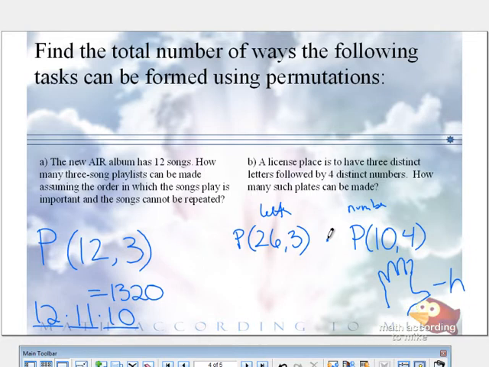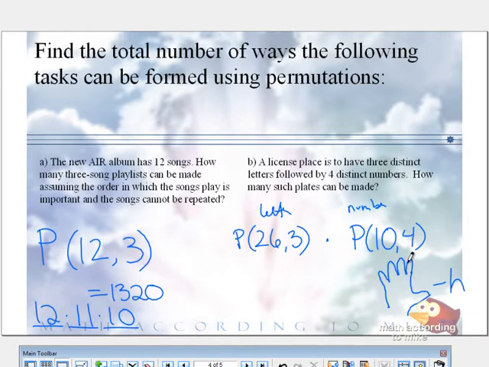And since you're doing more than one thing, you multiply. It's just because you're doing both things. Just because the word and is implied. If the word or was implied or stated, you would add.